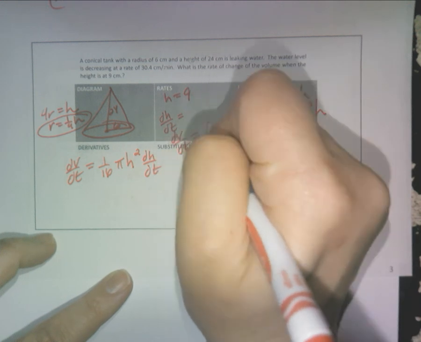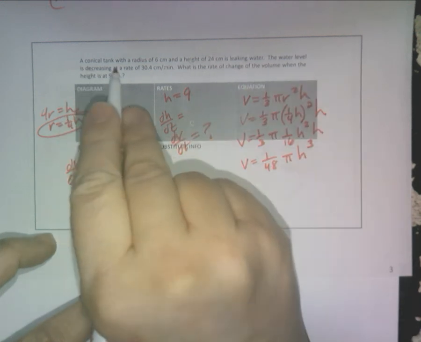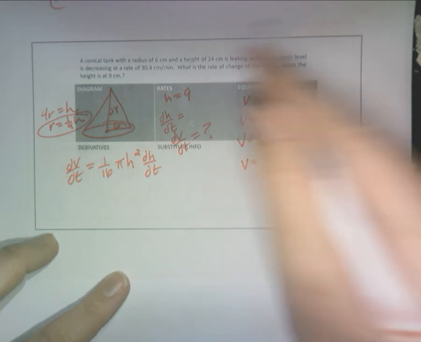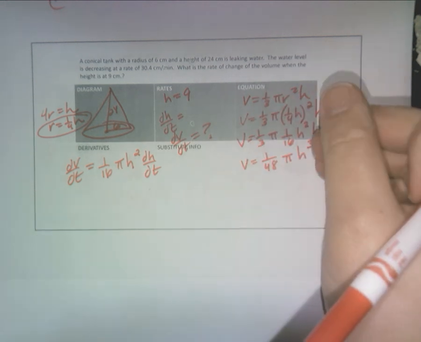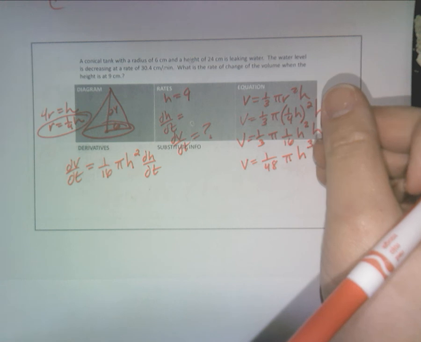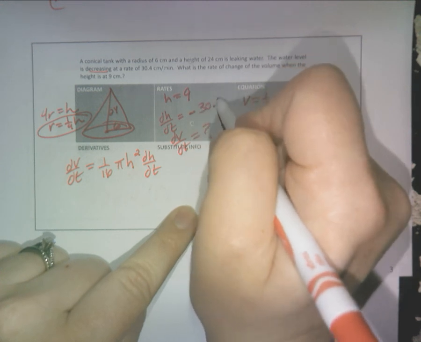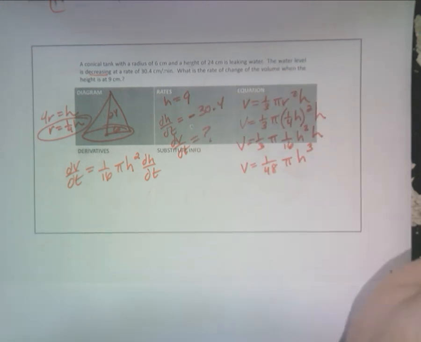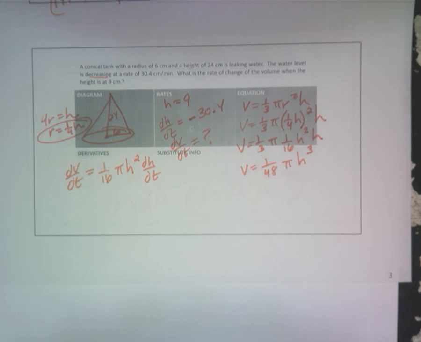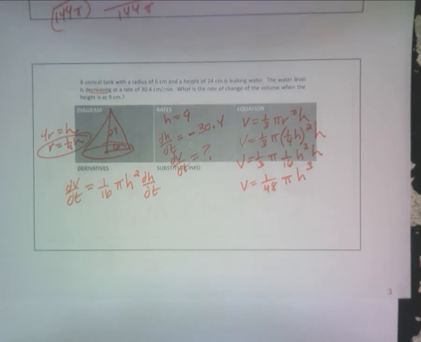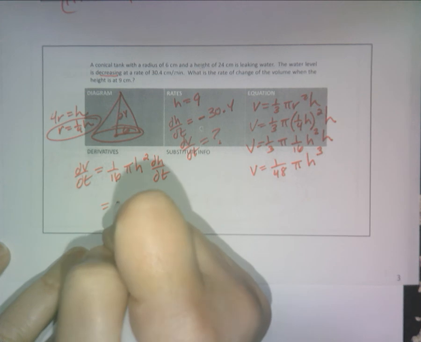The conical tank, the water level, or the water height, level is another word for height, is decreasing. Here's the only thing you're going to get wrong here. Do you see this word decreasing? You actually have to put a negative 30.4 right there. They didn't do it for you. All right, so plug all that in.